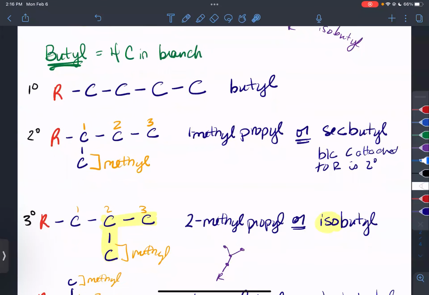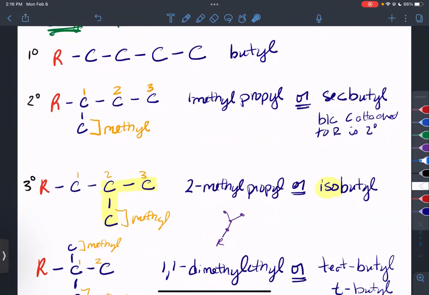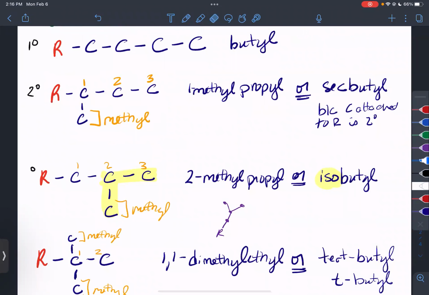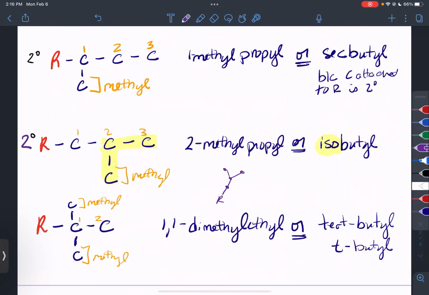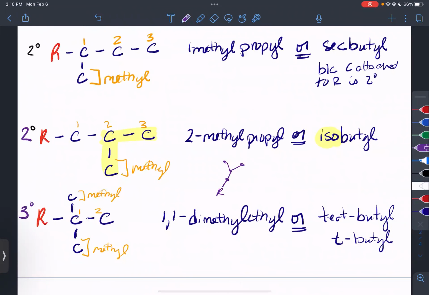Why did I do that? 1, 2. Oh, this is another 2. Why do I have that labeled as a 3? This is another type of secondary. This is my tertiary. Okay, so we call it tert-butyl because it's tertiary, and it kind of makes a T. That's how we look at it, right? It kind of makes a T.